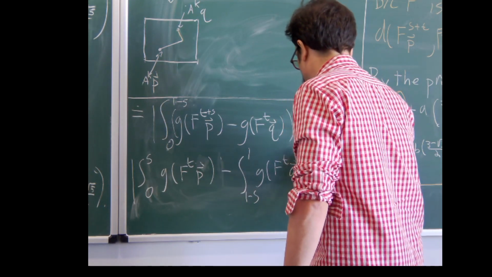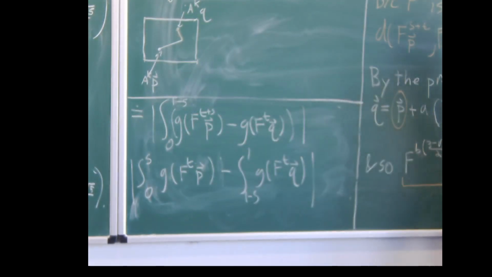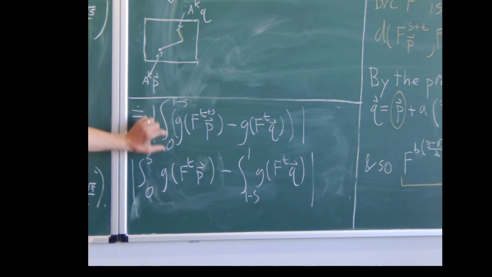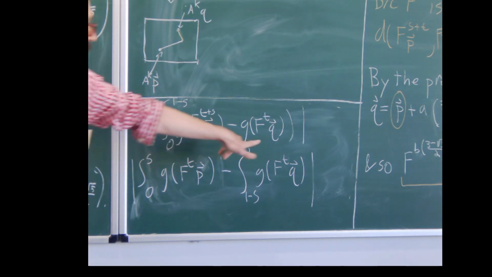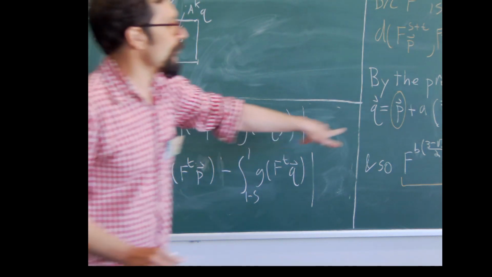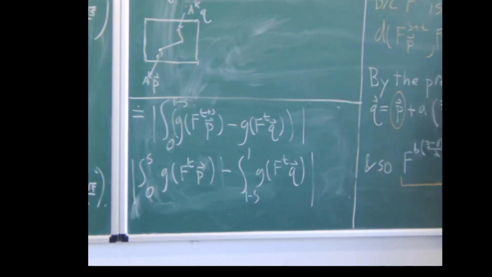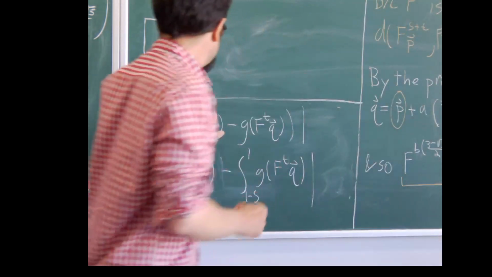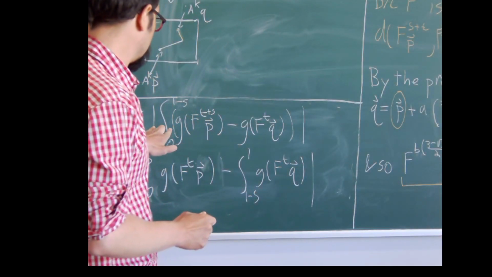I should have been looking at my notes, but I think I've done this right. I'm going from 0 to t minus s. These two points are going to be close together. That's the whole point of my corollary, that this is going to be well controlled.